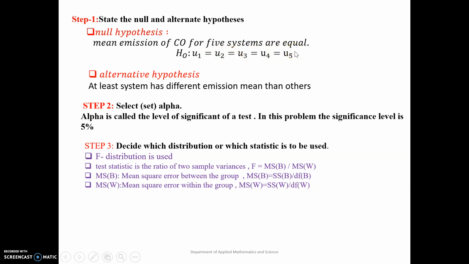In the alternative hypothesis, or H1, you say that at least one system has a different emission mean than the others. That is your step 1.